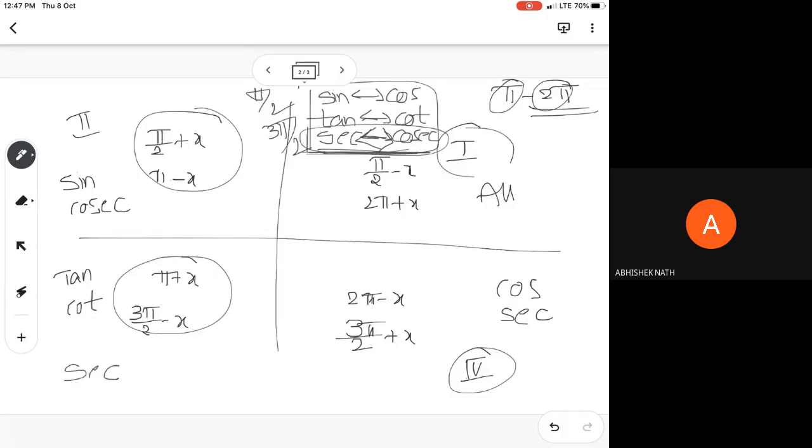Now I am going to ask one more question to you: secant of 2 pi plus x. Who will say? Abhishek, you tell me.